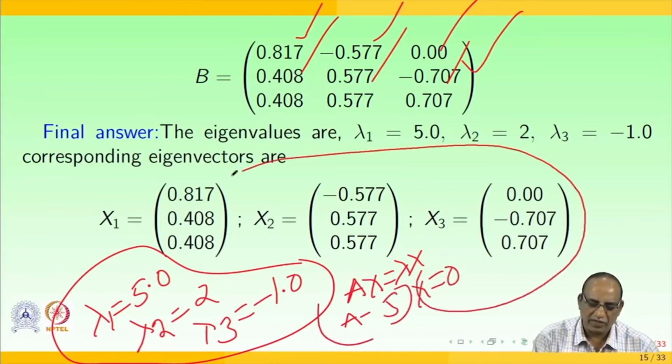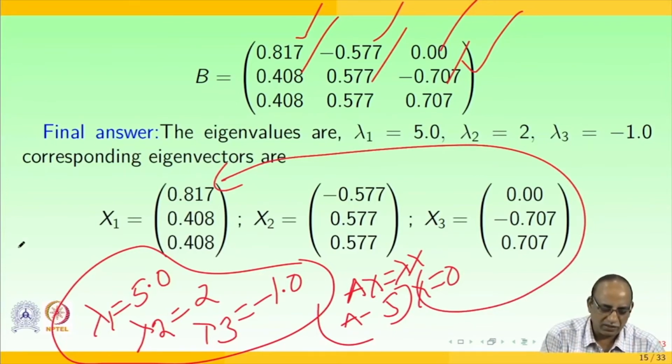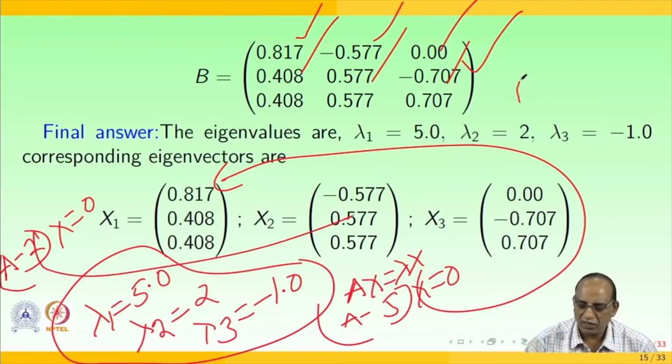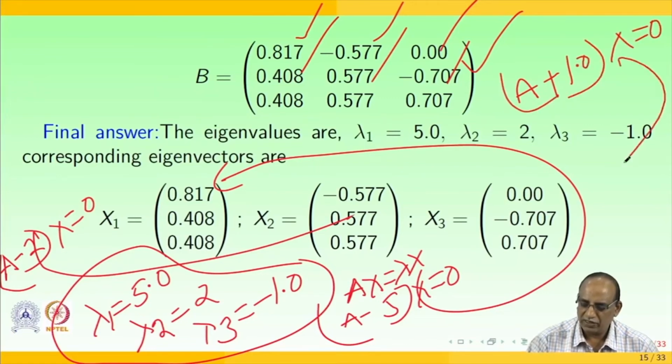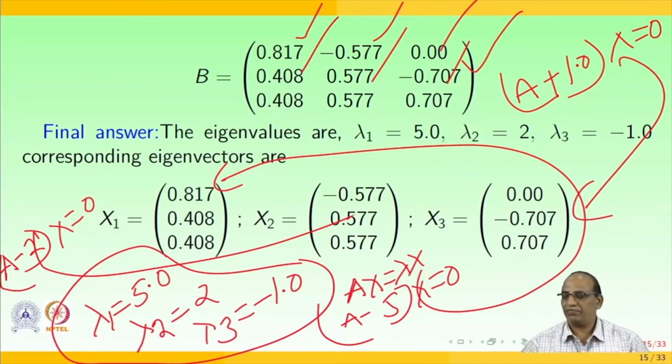Corresponding to that, you get this eigenvector when you solve it. Similarly, A minus 2 of x is equal to 0, you get this vector. Similarly, A plus 1.0 of x is equal to 0, so you get this vector. Therefore, three eigenvectors are obtained.